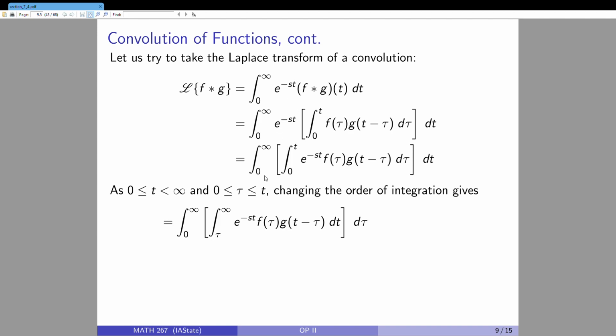So I can swap the order, but I needed to be really careful this time because the integral on the inside depended on the outer integrand, right? The bounds depend on t. So if I swap, I gotta be really careful about those bounds of integration. Okay. Alright, now that we've done that, we've got this.